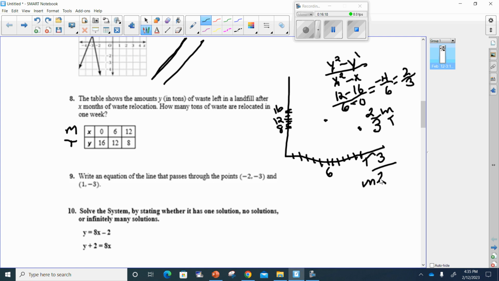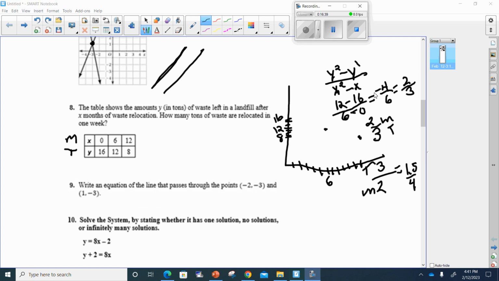Now, 3 divided by 2 will tell me how many tons in 1 month, right? So 3 divided by 2 is going to equal 1.5. So that's 1.5 tons. And now I got to divide 1.5 tons by 4 weeks because it's asking me for this in a week, in 1 week.